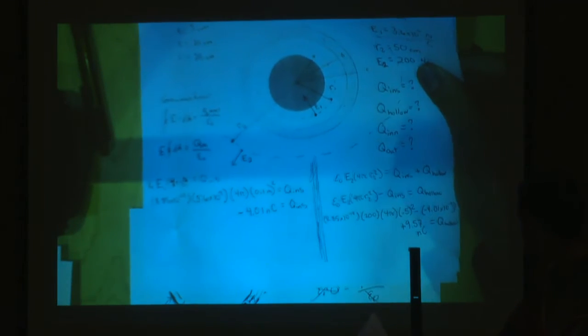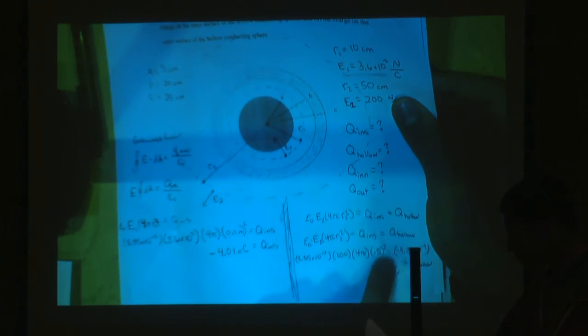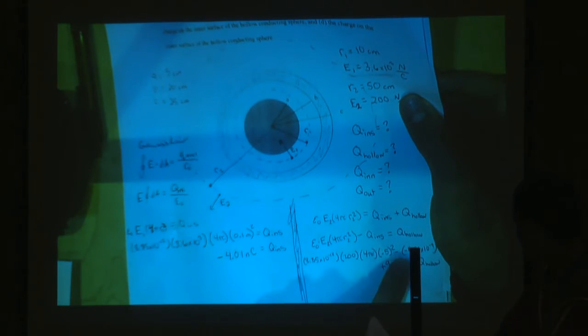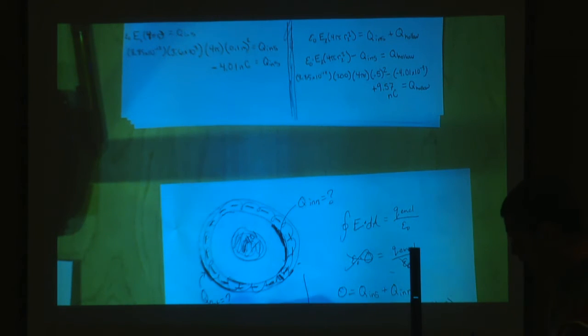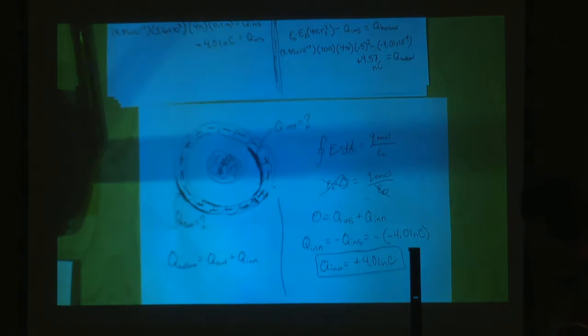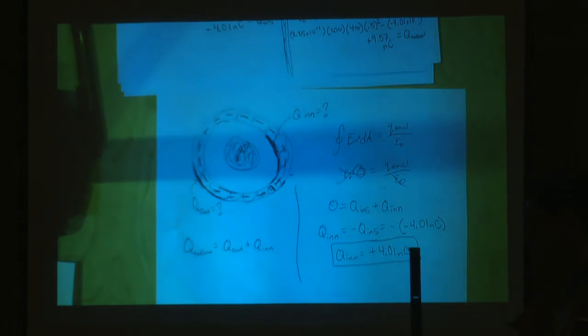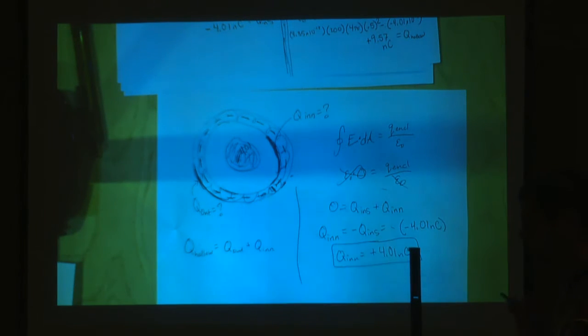So we already did that, and we came up with an enclosed charge of this right here. So Q hollow is just going to be Q outer plus Q inner. The entire charge on our conductive shell is just going to be the sum of the charge on the inner surface plus the charge on the outer surface. And we found those two variables.